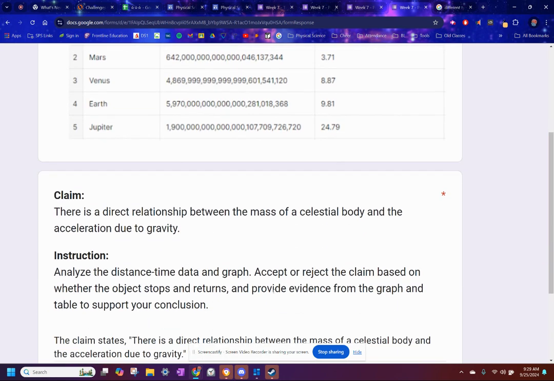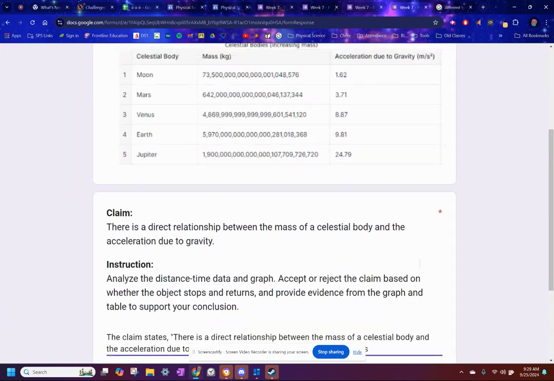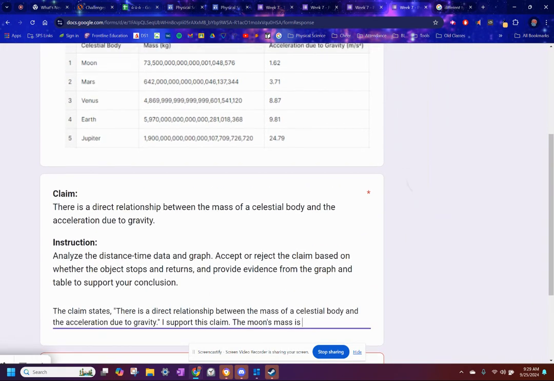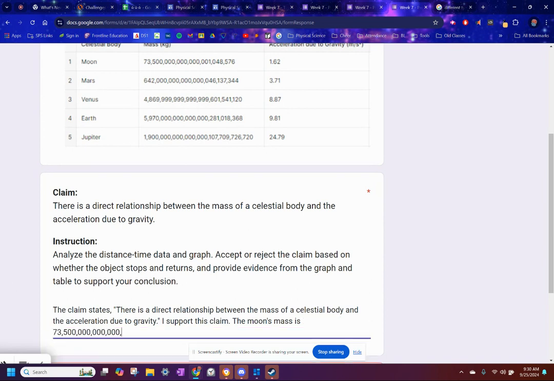The moon's mass is 73,500,000,000,000,000,000,000 kilograms.